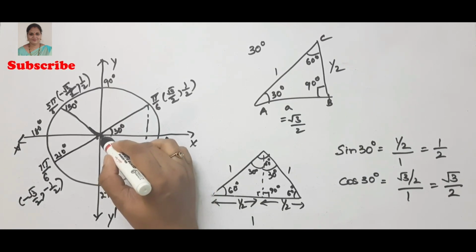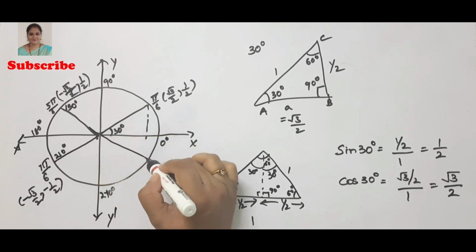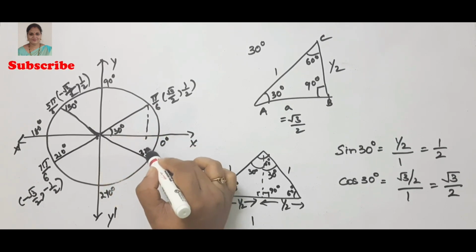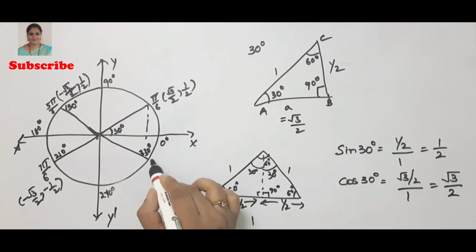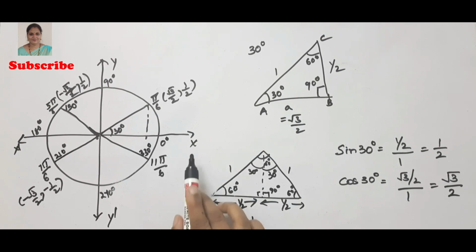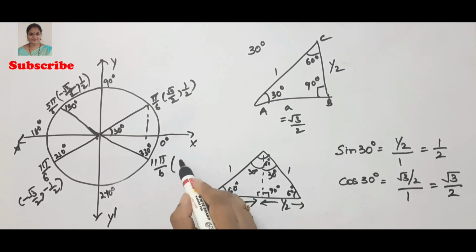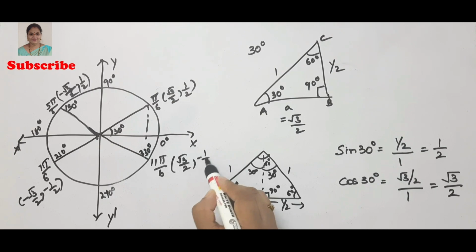Similarly, if you calculate at 360 minus 30, that is at 330 degrees, we can write this 330 degrees in pi radians as 11 pi by 6. Here x is positive, y is negative. So the coordinates here will be root 3 by 2, minus 1 by 2.